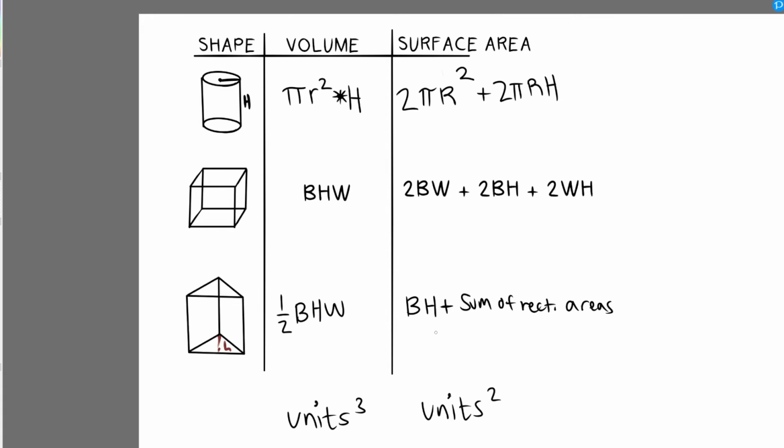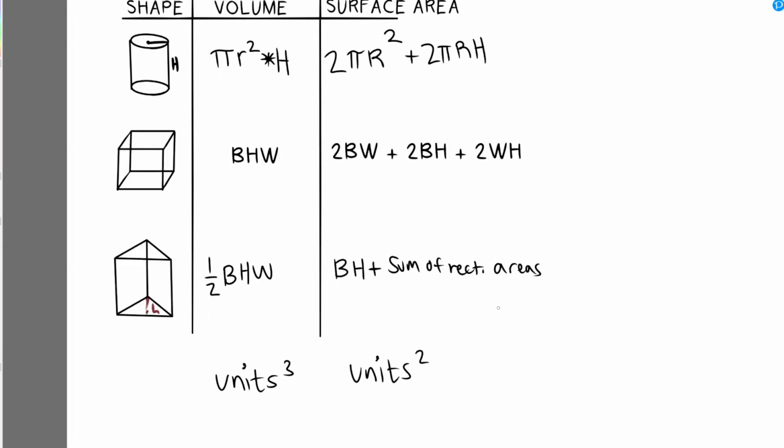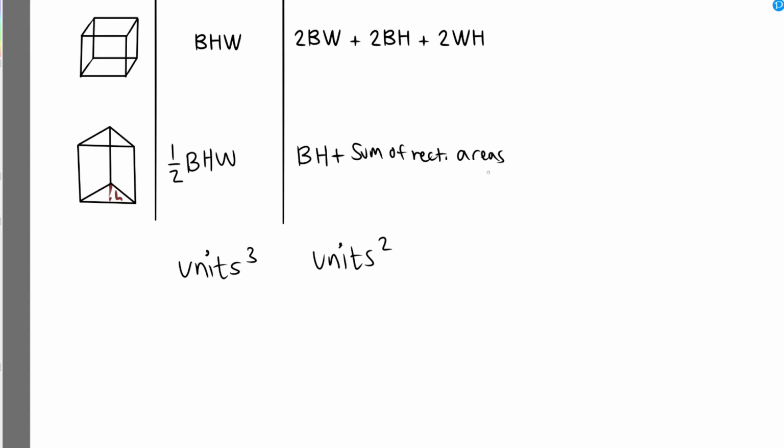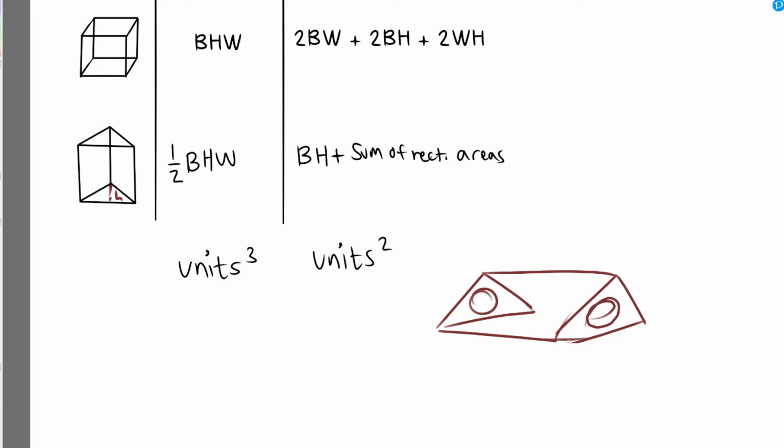And then for the surface area, this one doesn't have a really easy formula either. Because if you have a triangular prism, 2 of the sides could be different, or all sides could be different. You only have the 2 bases that are going to be the same on a right triangular prism.